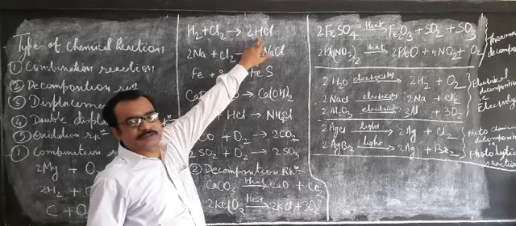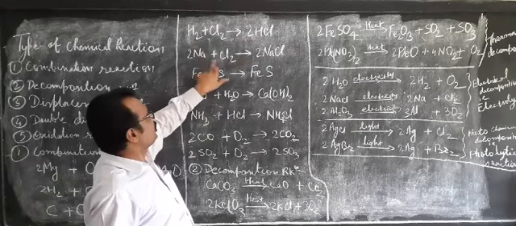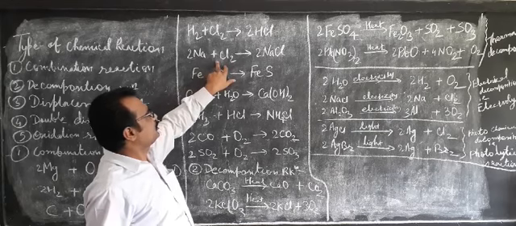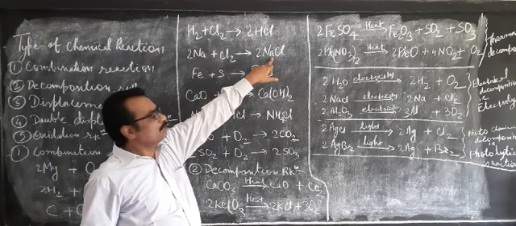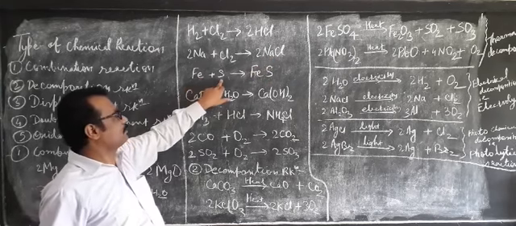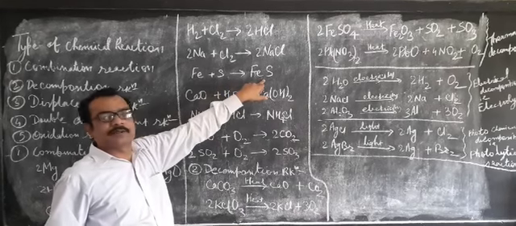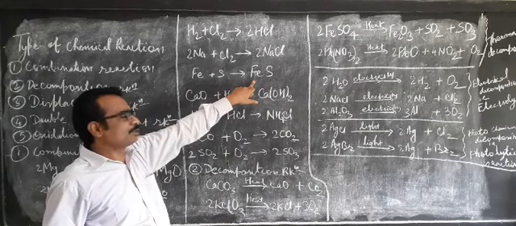So only one product. How many reactants? Two reactants. Here also you can see sodium and chlorine, two reactants, react together and form sodium chloride. Only one product. Now again, iron reacts with sulfur and gives you ferrous sulfide. So here also only one product.